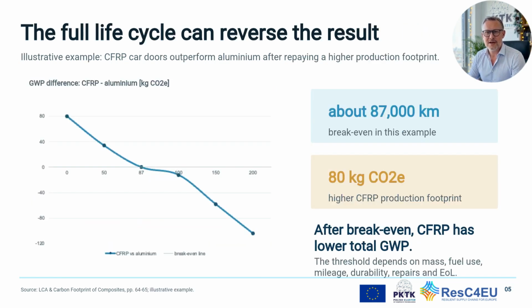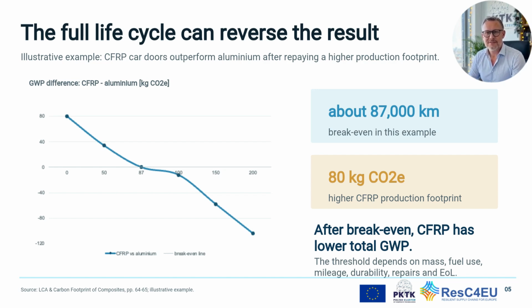This example shows how the full life cycle can change the conclusion. In the car door comparison, the CFRP option has a production footprint about 80 kilograms of carbon dioxide equivalent higher than the aluminium option. It is also 10 kilograms lighter, so it saves fuel during vehicle use. Under the assumptions used in the example, the additional production footprint is repaid after about 87,000 kilometers.